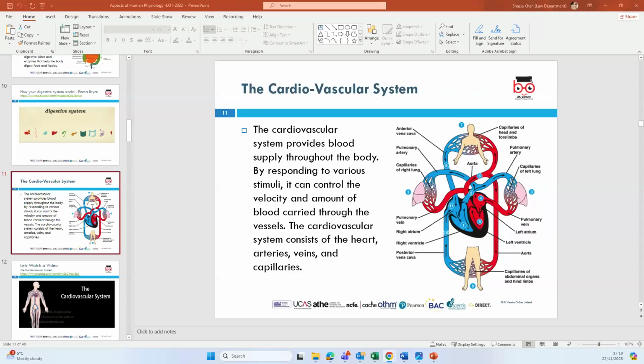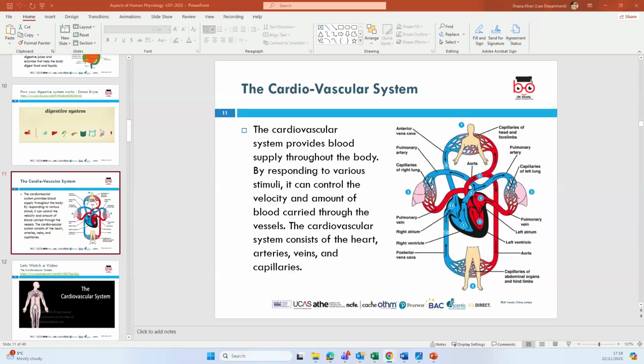And its primary function is to circulate oxygen and nutrients to all cells and to remove any sort of waste products like carbon dioxide. And the heart pumps blood through the network, ensuring this constant supply of blood to tissue. The components of the cardiovascular system are the heart and the blood vessels and how they function.